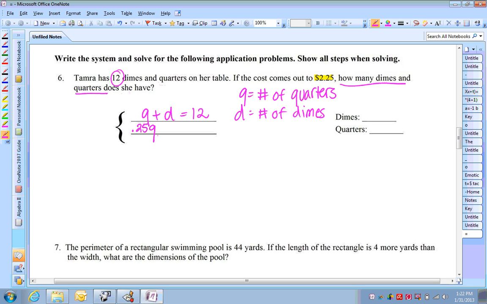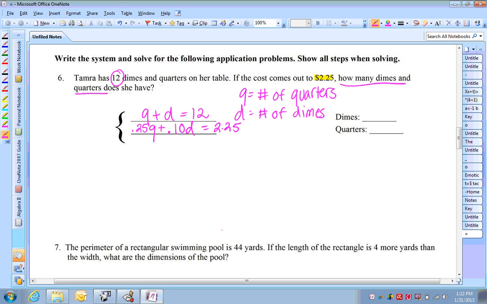So 25 cents times the amount of quarters we have gives you the amount of money we have in quarters. Dimes, on the other hand, are 10 cents. So if we multiply the number of dimes by 10 cents, then we'll have the amount of money we have in dimes. When you add those two amounts together, it should come out to equal her total amount of $2.25.